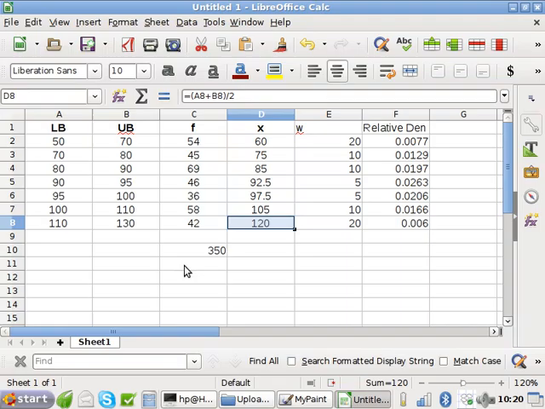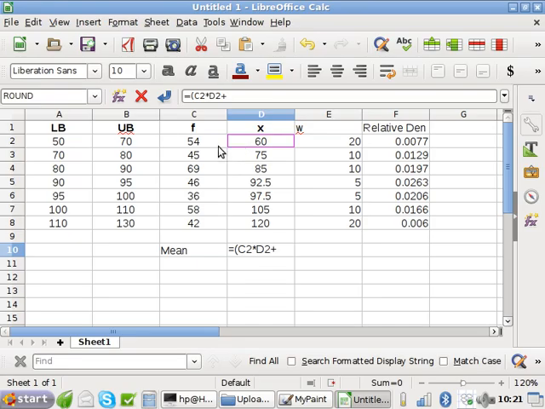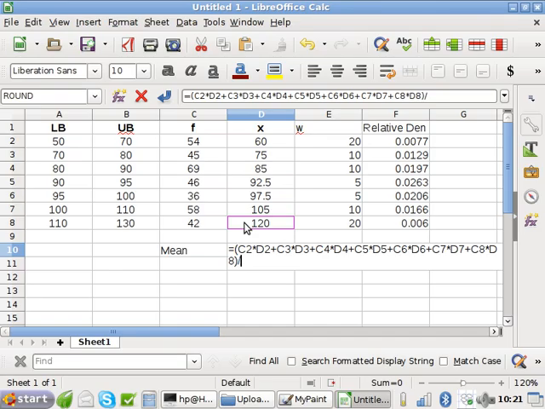Right. So I'll have to write it here. So look what I'm doing. It's frequency times x plus frequency times x plus frequency times x, and so on for each value, divided by the total frequency, which is what?